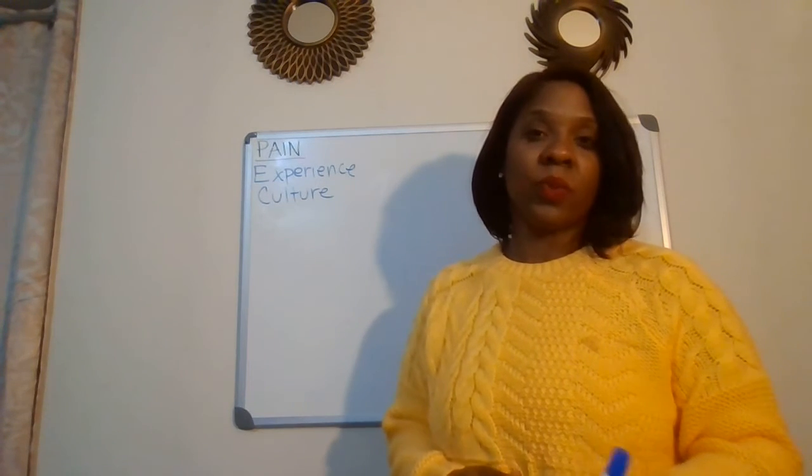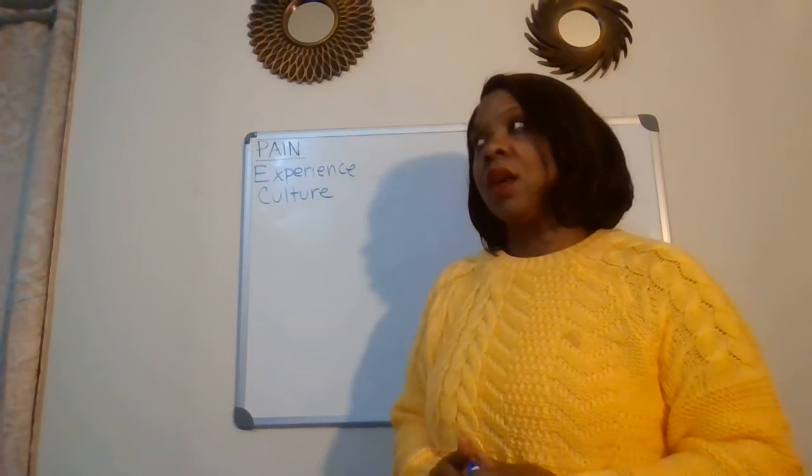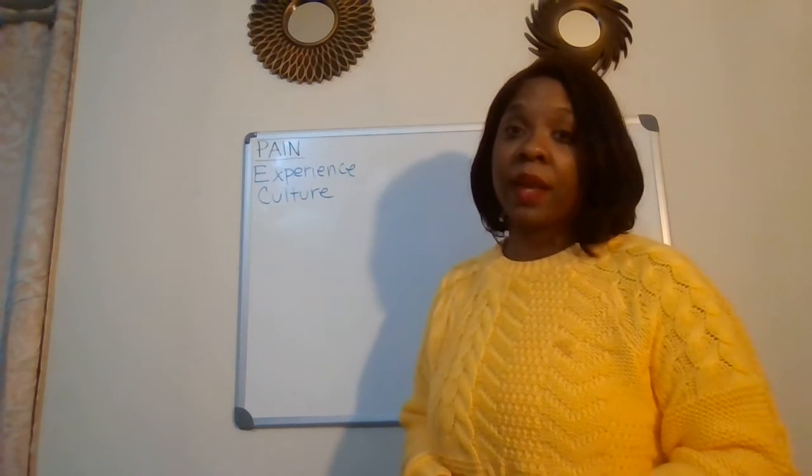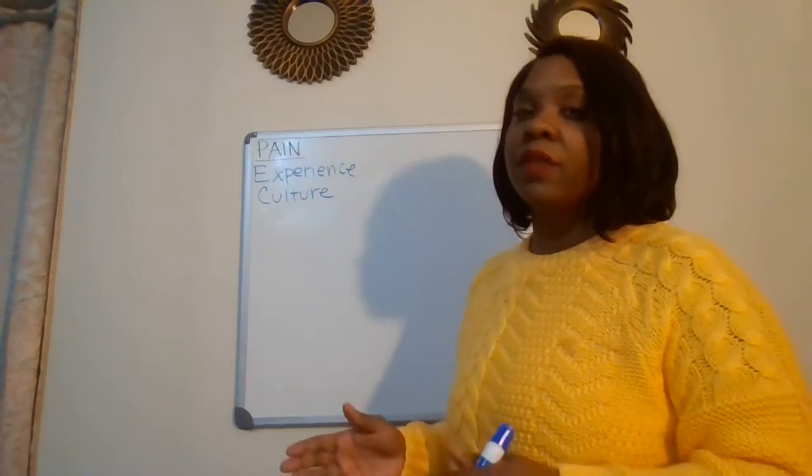In some cultures, they may look down upon or see a woman as weak if she expresses pain. Emotive expression is when the woman verbalizes, I'm in pain, I need pain medication now. So there are different cultural things that women do when they're expressing pain.